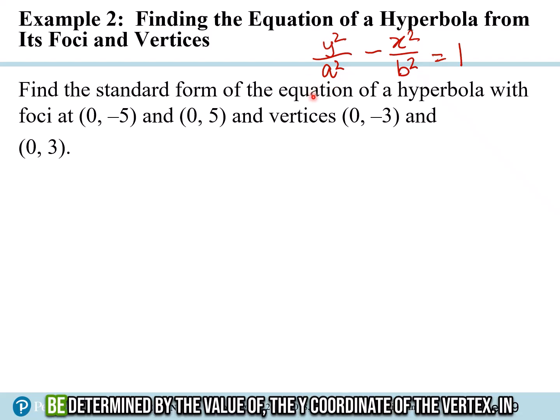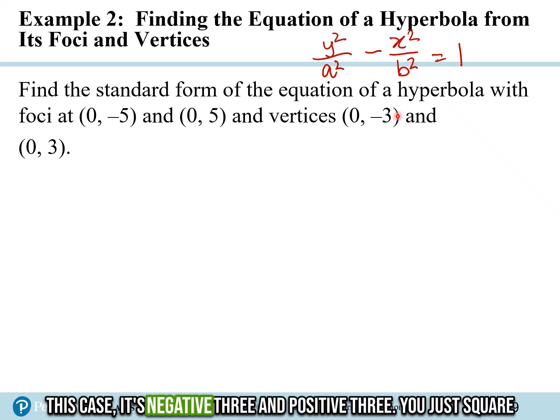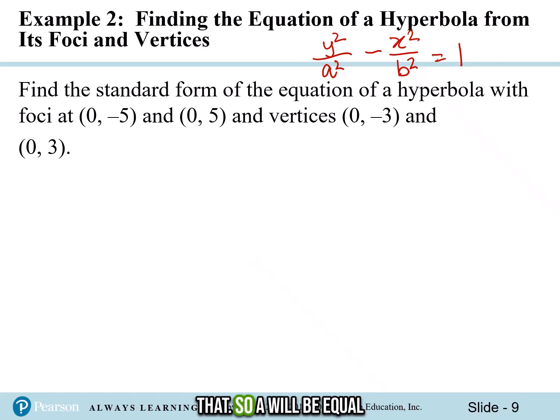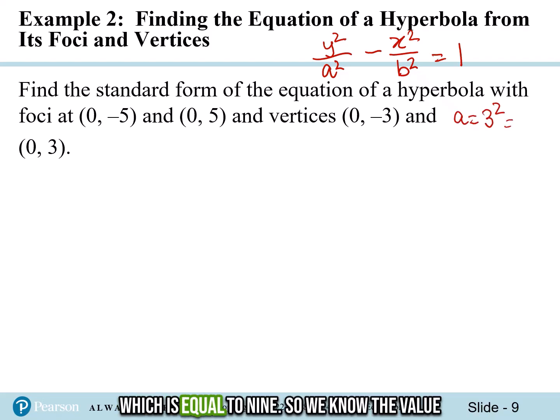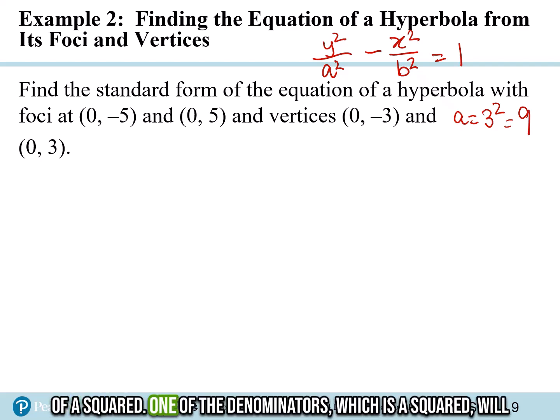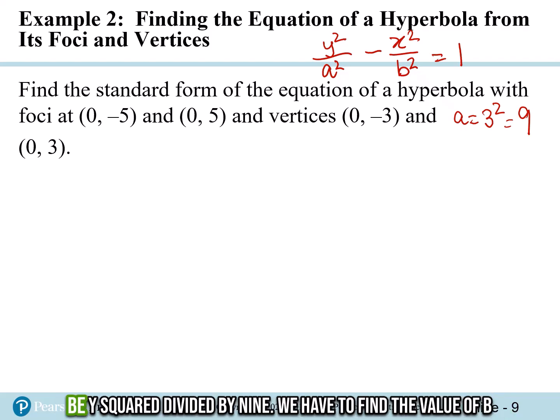Now a will be determined by the value of the y-coordinate of the vertex. In this case, it's -3 and +3. You just square that, so a squared will be equal to 3 squared, which is equal to 9. So we know the value of a squared, one of the denominators, so it will be y squared divided by 9. We have to find the value of b squared.